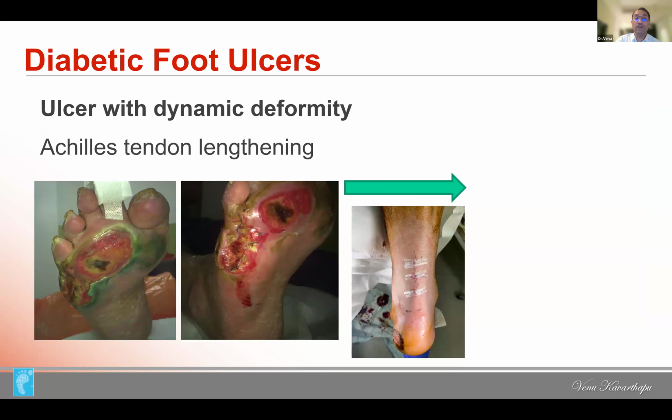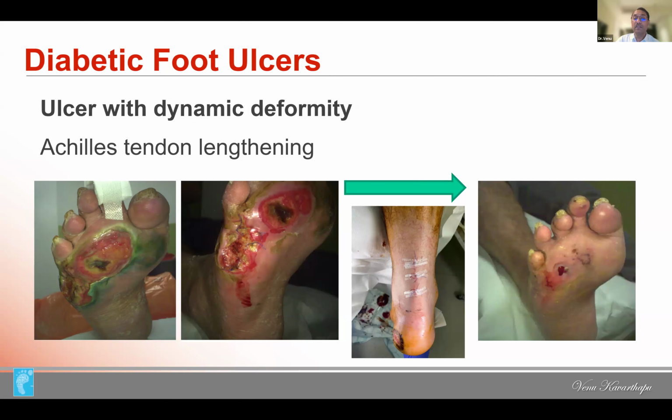At our unit, King's College Hospital, we have two minor procedure theaters within the clinic complex. When patients come with these presentations, we do percutaneous tendo-Achilles lengthening using Hoke's technique there and then. The patient goes into a total contact cast and commences full weight bearing. After 6 weeks, we discontinue the casting, and usually by that time the ulcer heals.